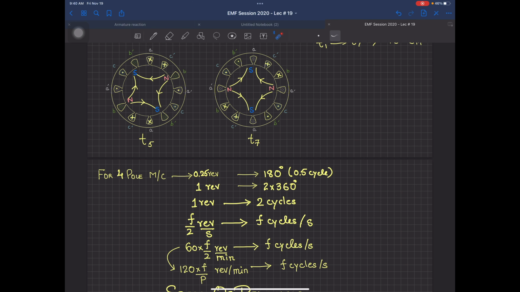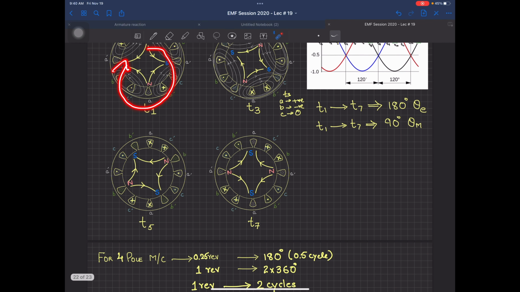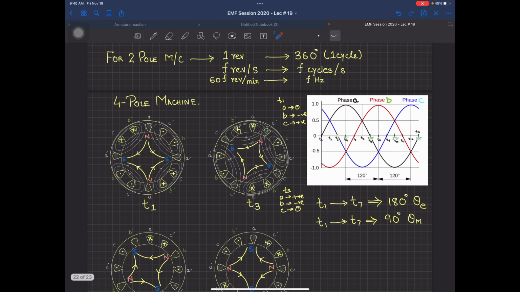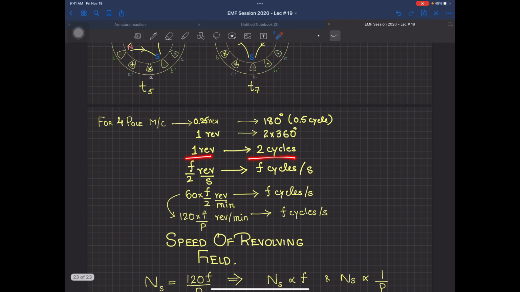So now this 0.25 means 1 revolution is equal to 2 cycles of the electrical angle. Listen to this carefully. If I want to complete 1 full revolution, that is 360 degrees, I will have to move 360 degrees more. So speed is reducing. The end result is that for 1 revolution, you require 2 cycles.